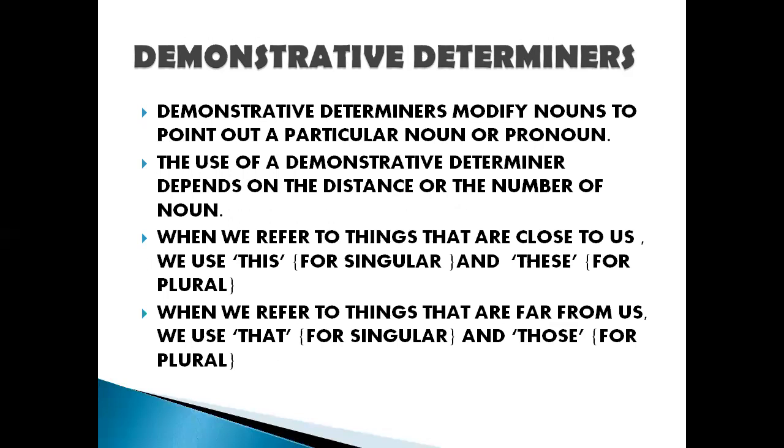When we refer to things that are close to us, we use this or these. This is used for singular and these is used for plural. When we refer to things that are far away from us, we use that or those. That is used for singular and those is used for plural.